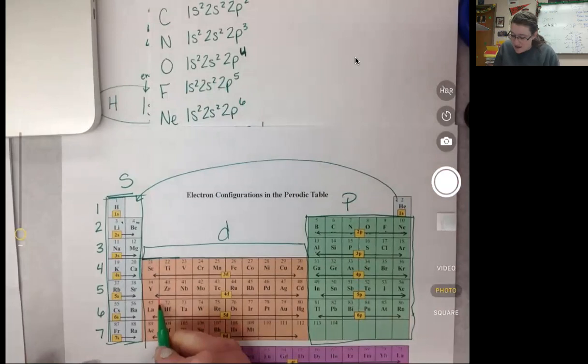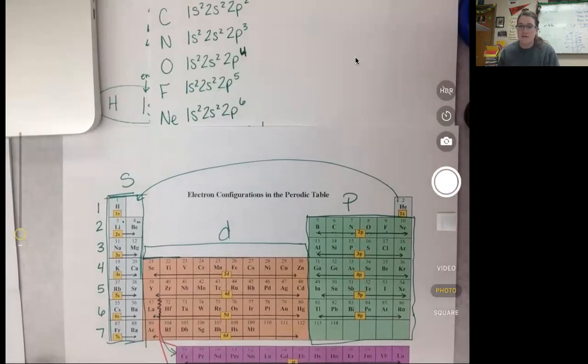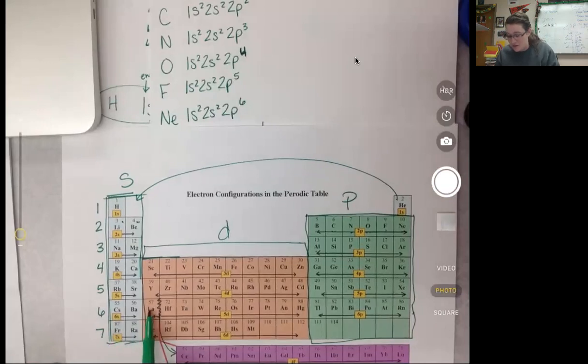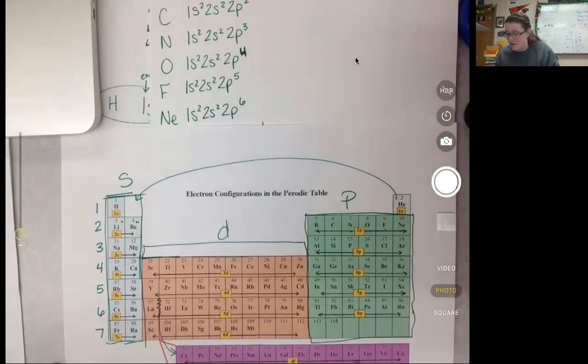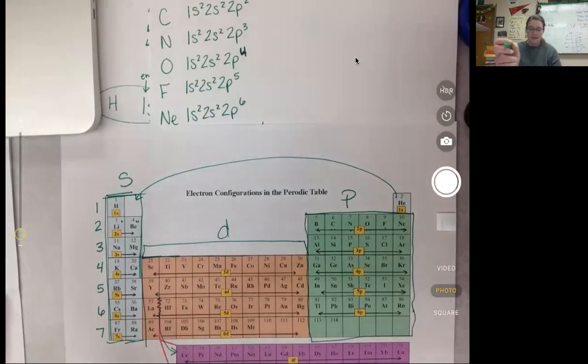And then right here, you jump down to here, and that's your F orbitals. And so it's like a super magical fairyland where you have to jump down 1 more energy level. And so you go from filling 6s to filling 1 electron in 5d, and then you fill your 4f. So you just have to remember to jump down 2 energy levels from 6 to 4.